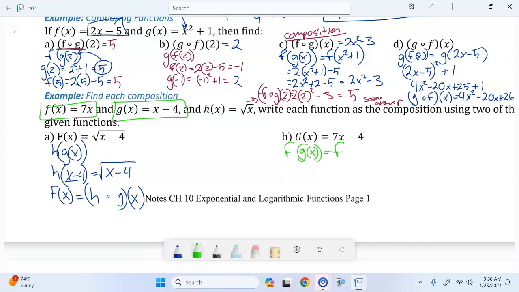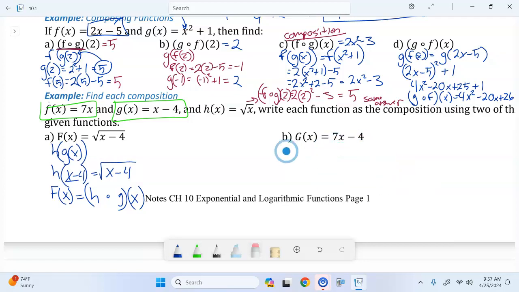So g of x is x minus 4. So when we compose, we take 7 times x minus 4, which equals what? Is that the same one? Nope, so let's try it the other way.